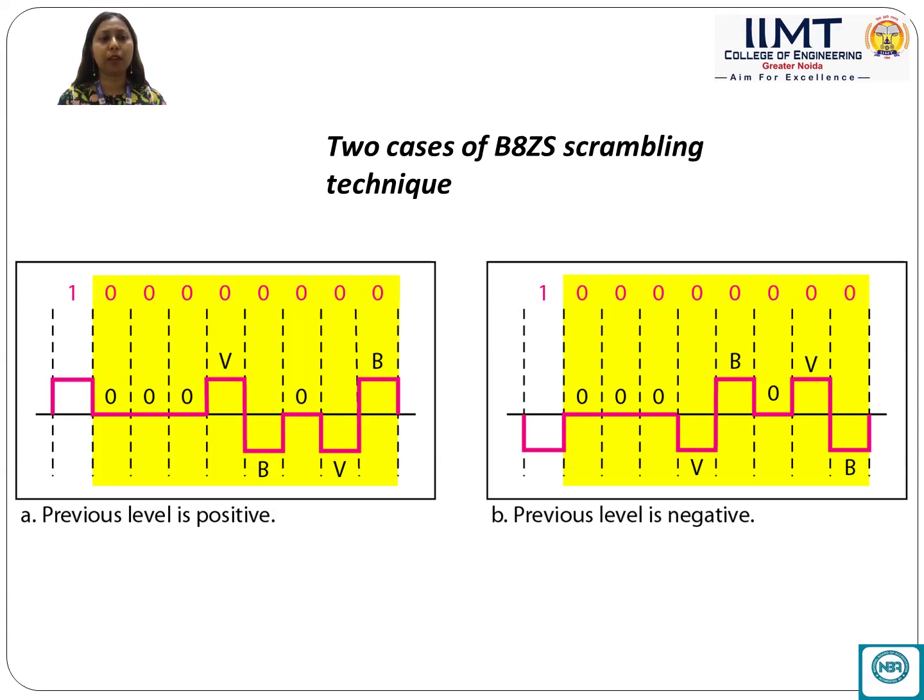For the first one, we are considering the high value. For the next three zeros, the signal is at zero level, and at the fourth zero, it becomes high again, and then at the fifth zero, it becomes bipolar condition again, and like that, the representation of signals and its negative level is also shown in this diagram.